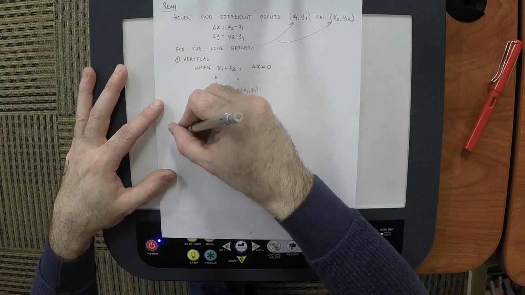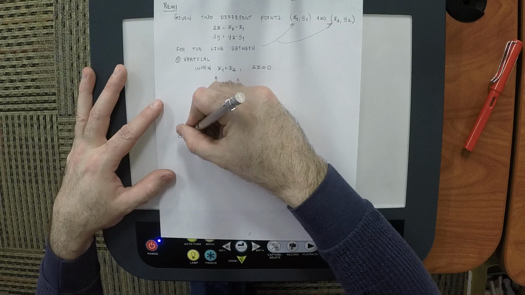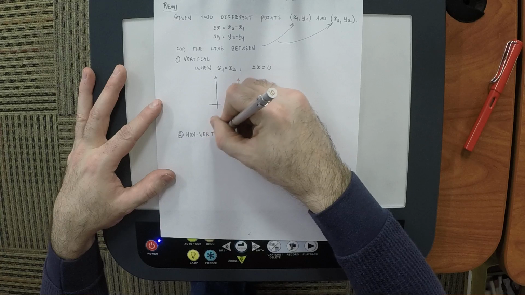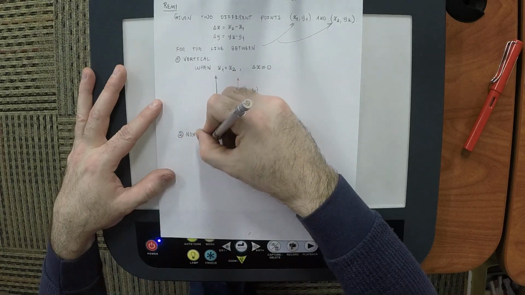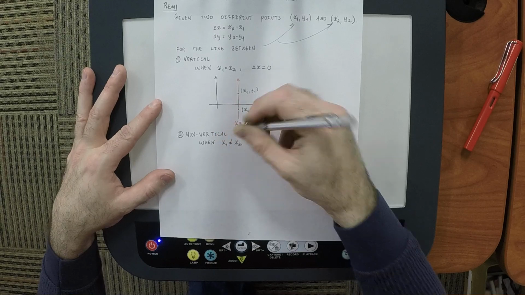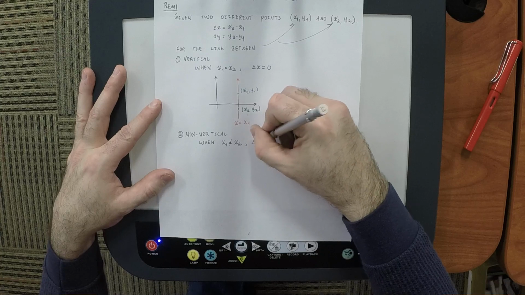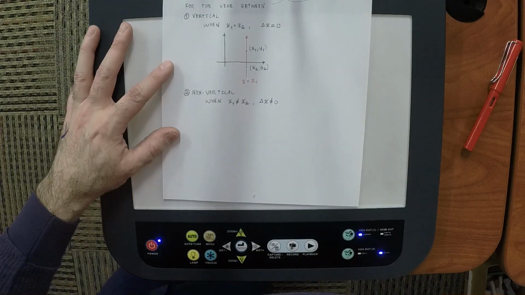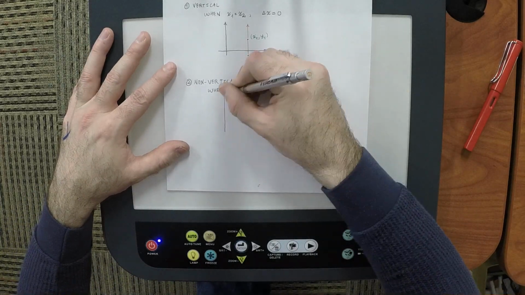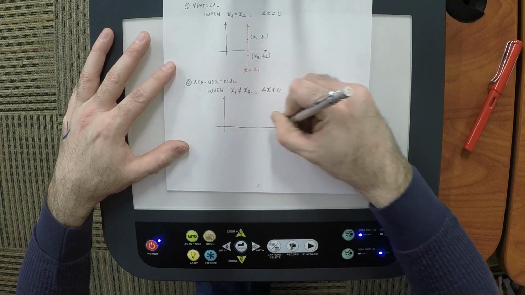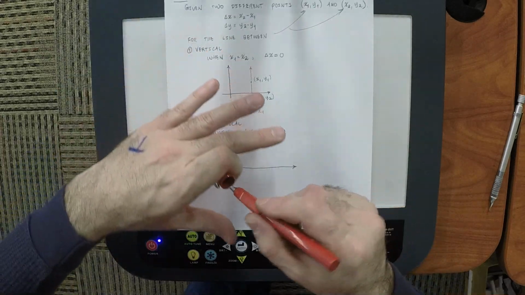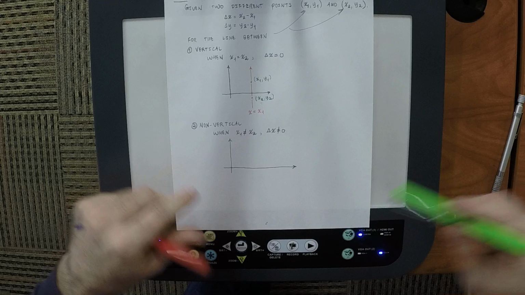The non-vertical case, that's when the x values are not the same, which is to say delta x is not 0. So visually, we've got 2 points. Well, I'll draw the line first, I guess. It doesn't matter.